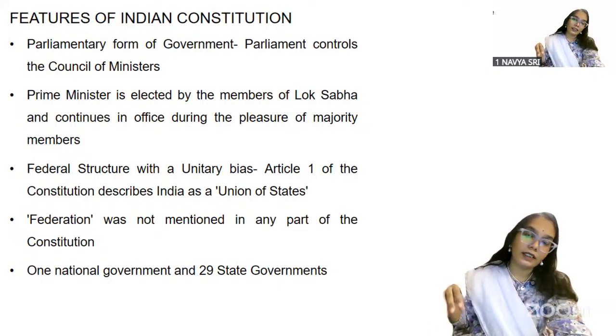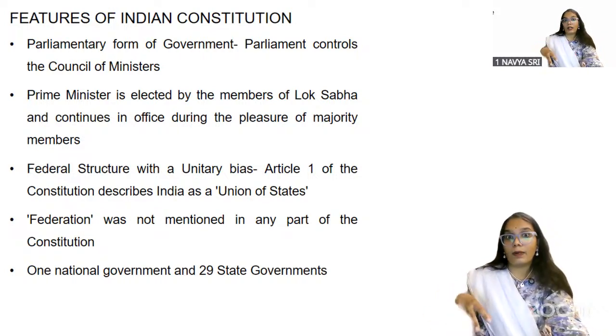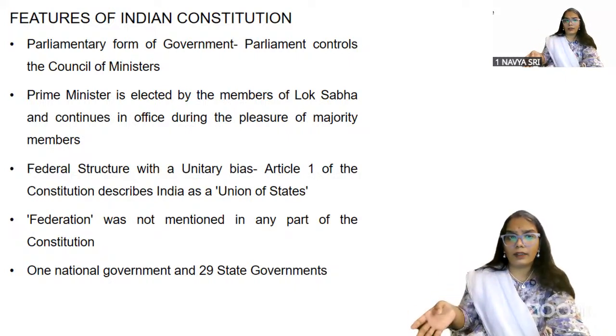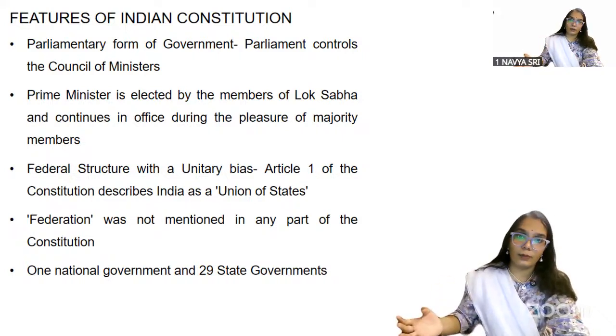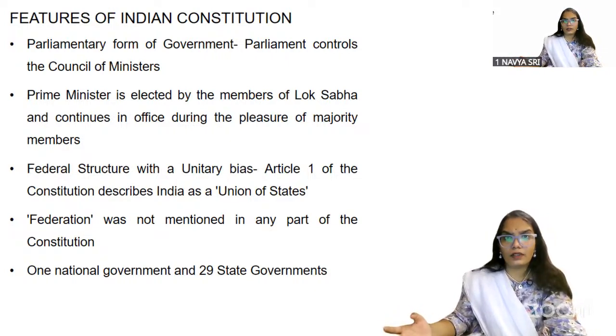The prime minister is elected by the members of Lok Sabha, or is the leader of the majority party that gets the majority in the house. Also they form a government. These are some of the features of the parliamentary structure. They are collectively responsible also. They have both collective responsibilities and individual responsibilities.